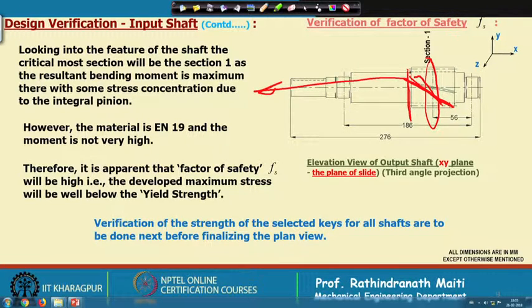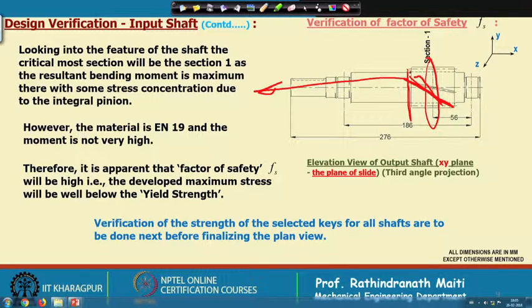Okay. And if we consider the bending moment, if you remember, if you look into the 2 slides before that, we will find that the amount of bending moment is not much there.